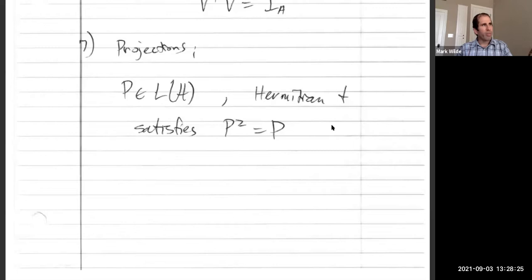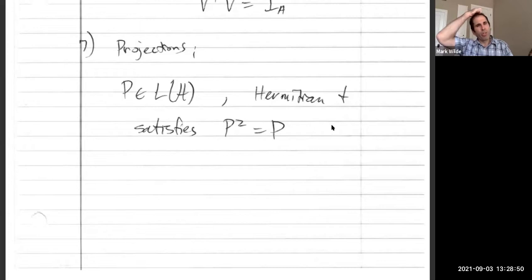You can think of projection as like the shadow that a vector casts on some surface, right? So if you apply the projection and then apply it again, it doesn't change anymore because it's already been projected down to a space.